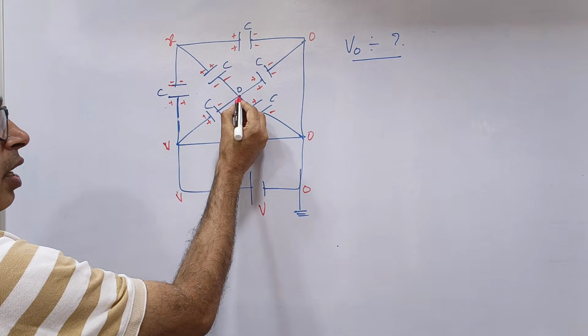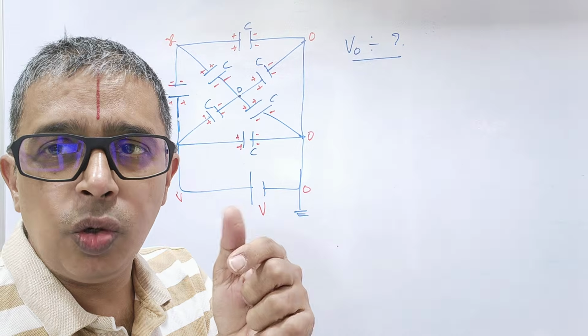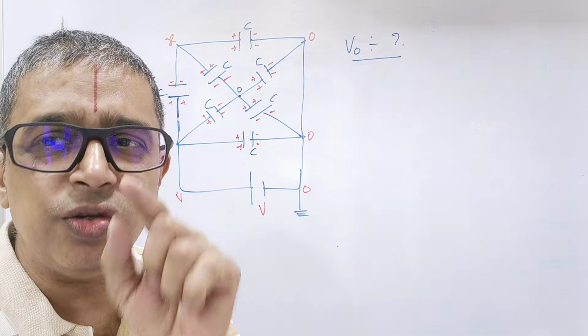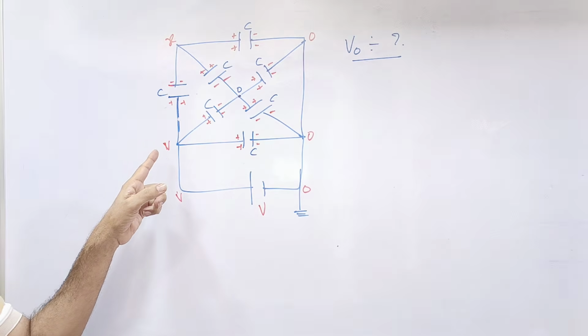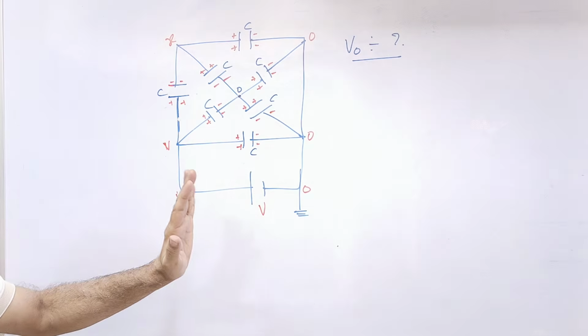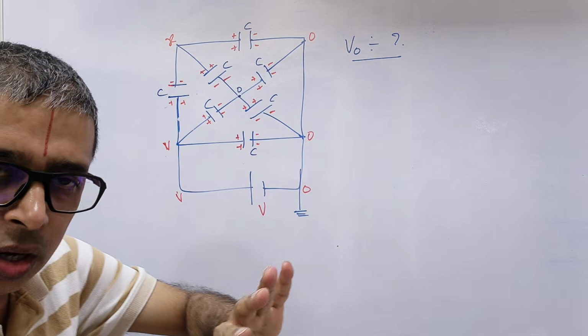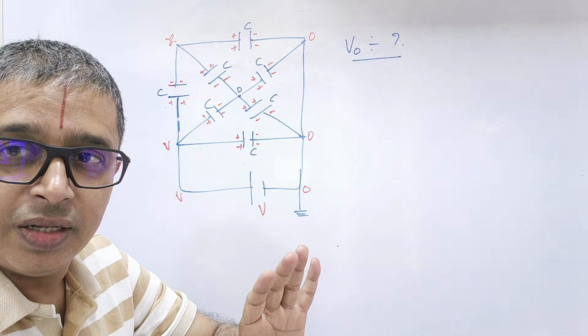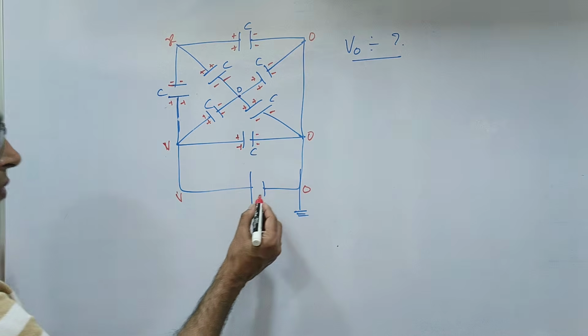This will be the potential at O, which I will have to calculate. Always remember, assuming a positive and negative charge is your choice. But once you have made the assumption, stick to it till the end of the problem.